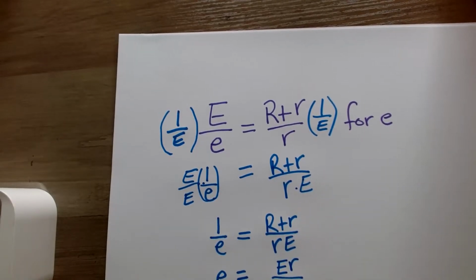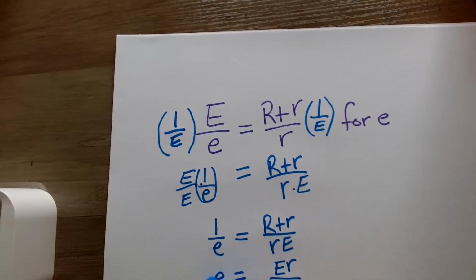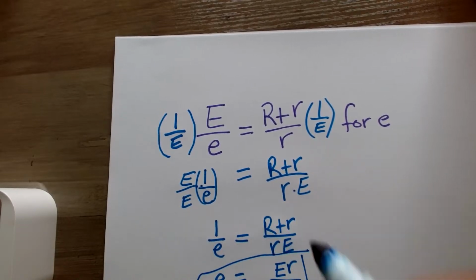And just for your knowledge, there's always an imaginary 1 under every number, even 1, 2, it doesn't matter. That E, there's an actual invisible 1 there, but we just write it as E. So that would be our literal equation for this one. It would be that E equals ER over R plus R.